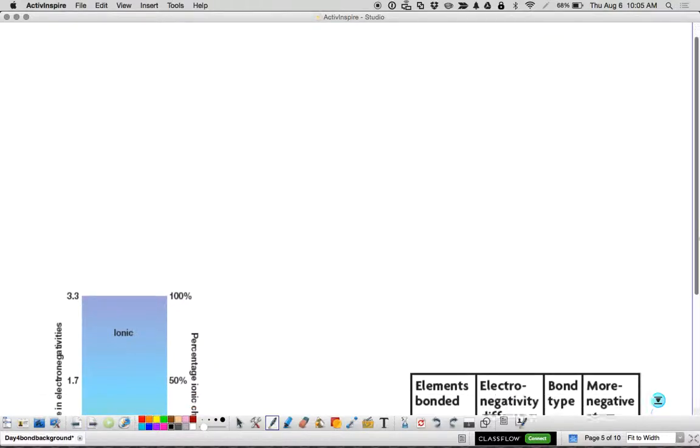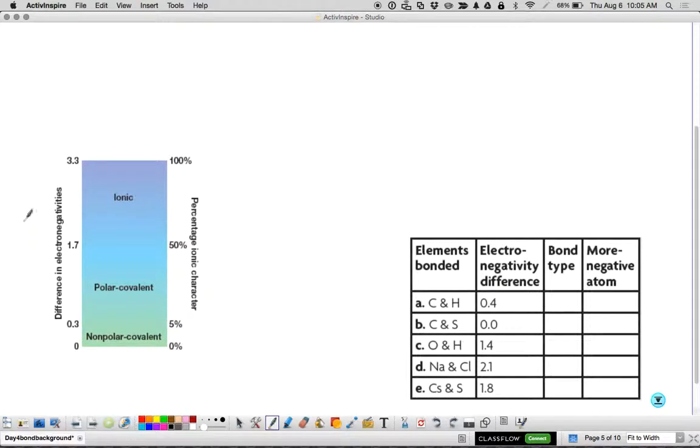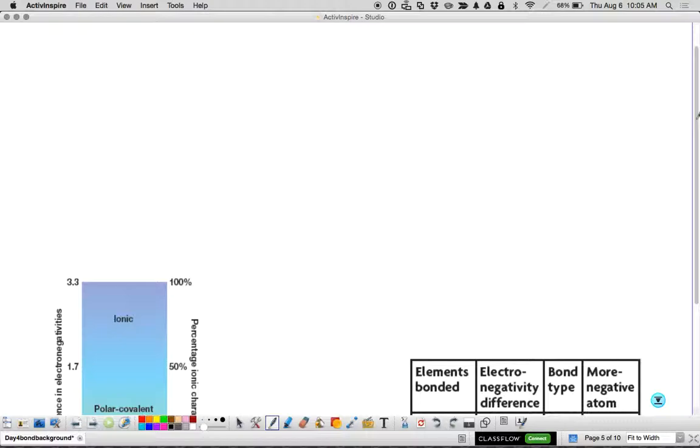And hopefully you saw this chart here, and as it turns out, bonding is really just this sort of continuum, okay? And the reason that there's this continuum is the idea of electronegativity. And if you need to pause and go look in your notes to remember what electronegativity is, now might be a good time to review that a little bit. Okay?